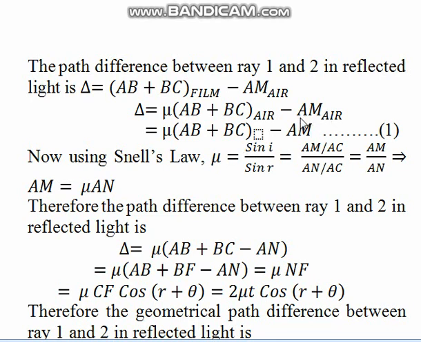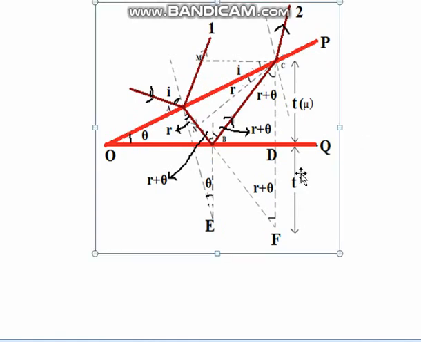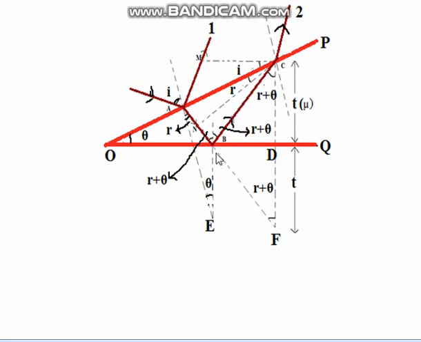AM is mu AN, so mu is common, and the remaining term in the bracket is AB plus BC minus AN. Here you can see that arm BC is equal to BF. See the figure, BC is this arm. These two triangles are similar in all respects, in terms of angle and in terms of arm, so BC is equal to BF.